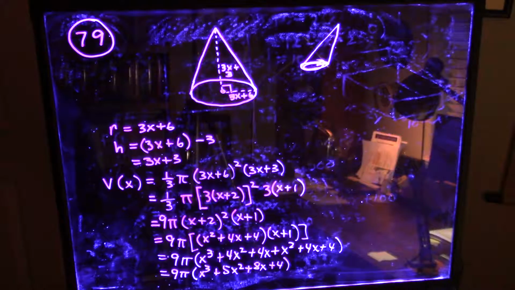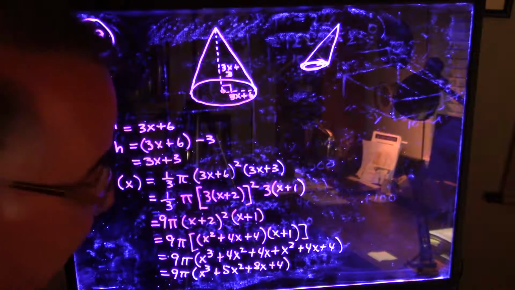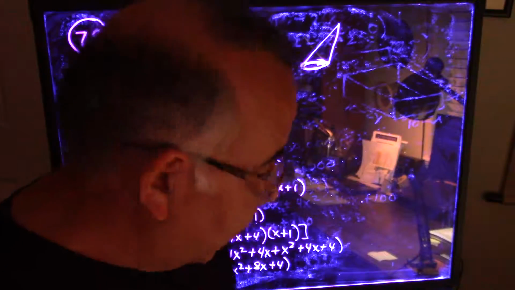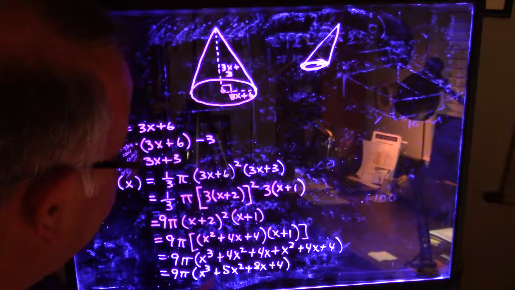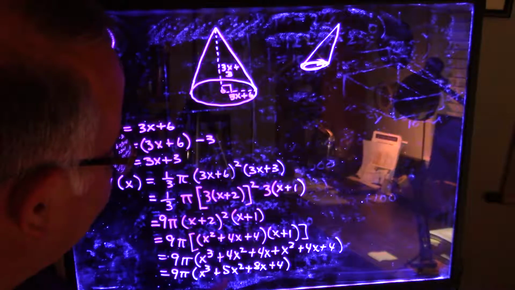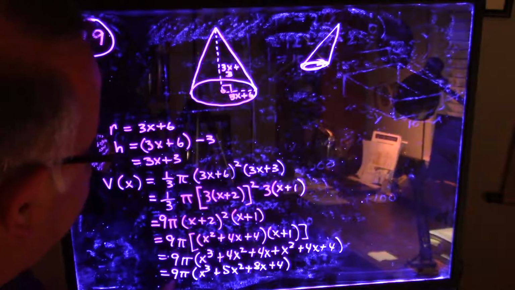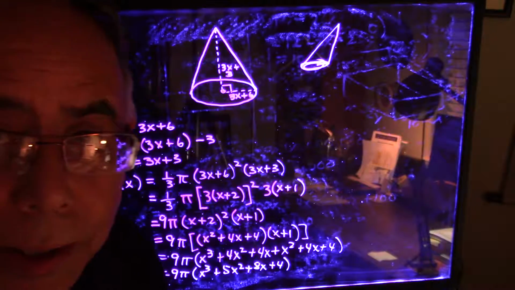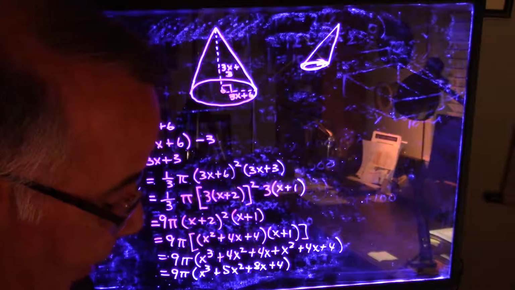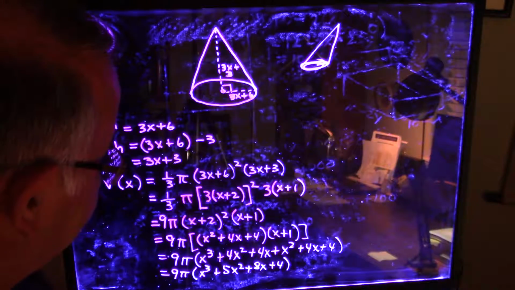Alright, now this differs a little from your book's answer, but you'll notice if you look at the book's answer, they kept the 9 in here. If you distribute the 9 through, you'll get the book's answer. So what I did was I factored out the 9.